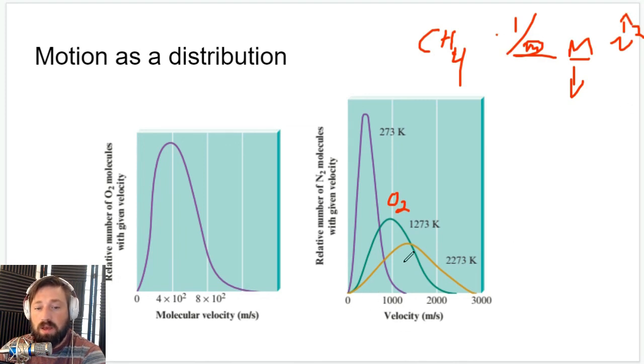So we need to be down here. This is going to be our methane. Okay. Hopefully that made sense. So that's all I have for kinetic molecular theory. And I will see you guys next time.